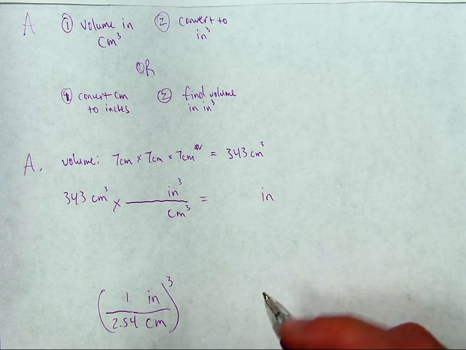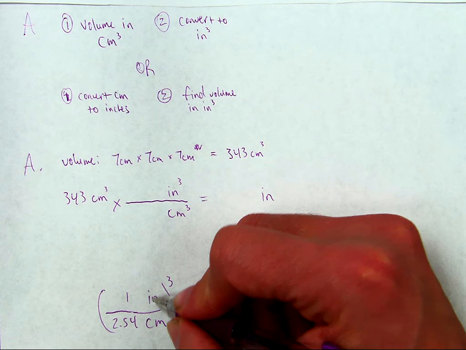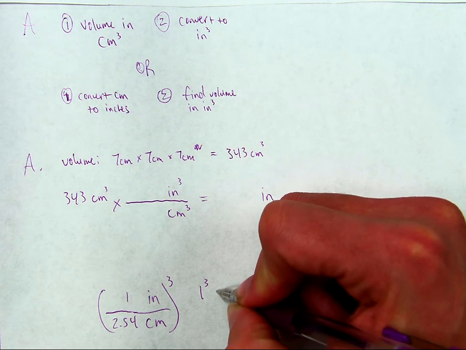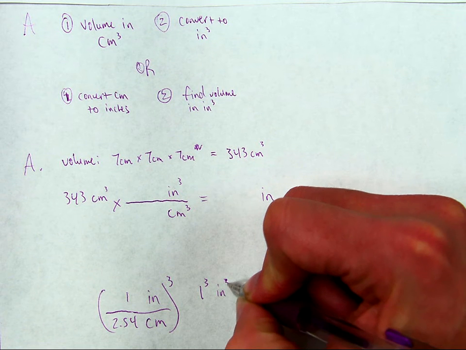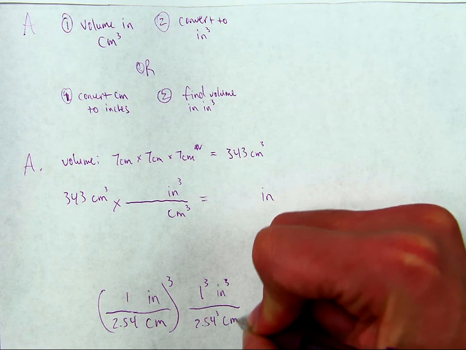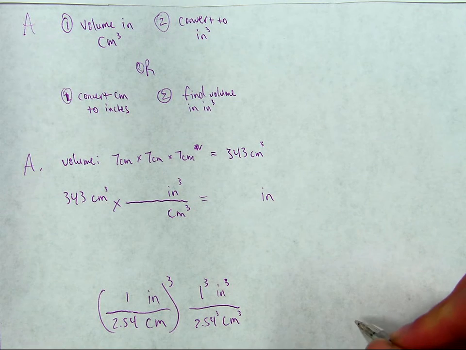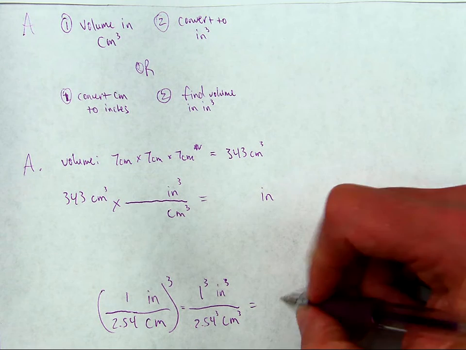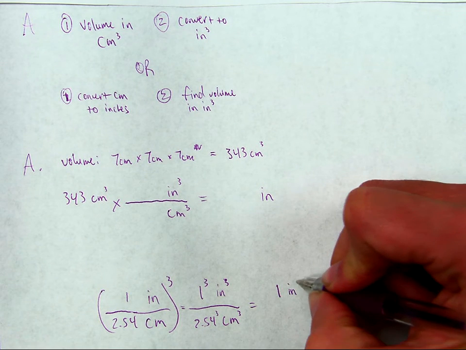Distribute this to everything inside, which means now 1 cubed inches cubed over 2.54 cubed centimeters cubed. Now we simplify that. 1 cubed is 1, so 1 cubic inch.